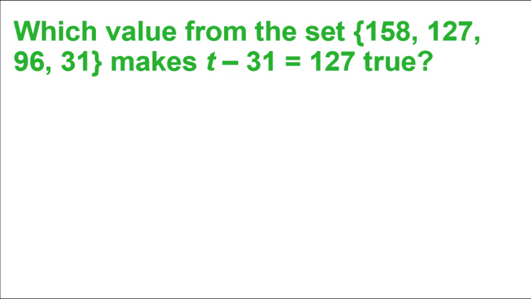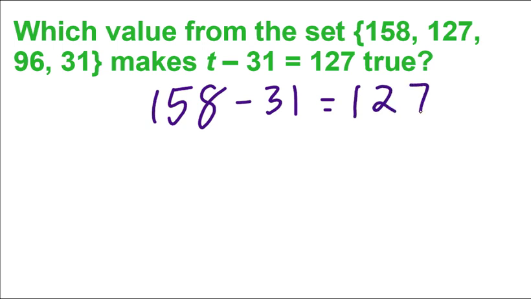So in this case, just go in order. 158 is the first one, so we put 158 in for t, and we got minus 31. 158 minus 31 gives me 127. That one's true, right? That's the answer.